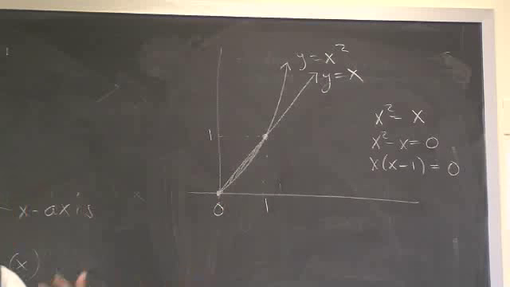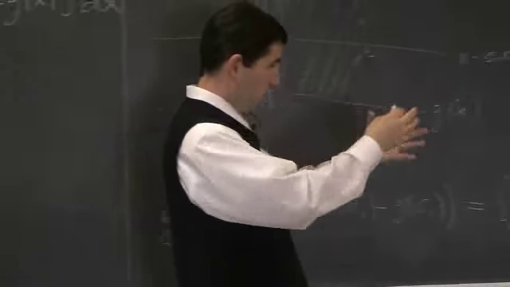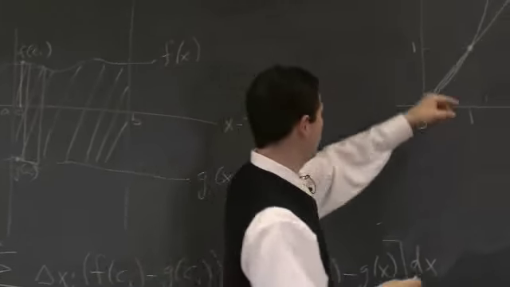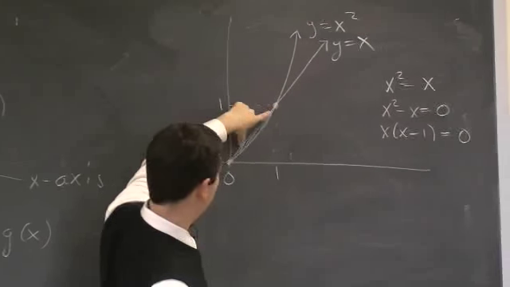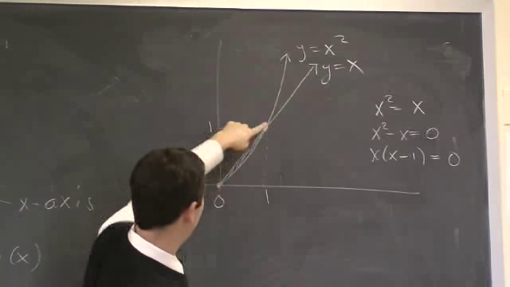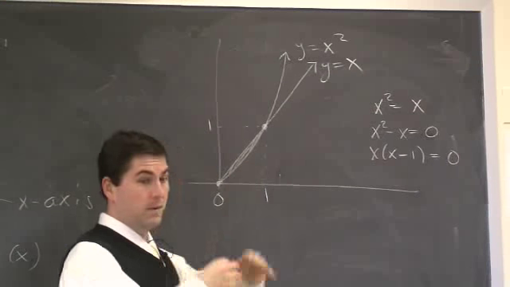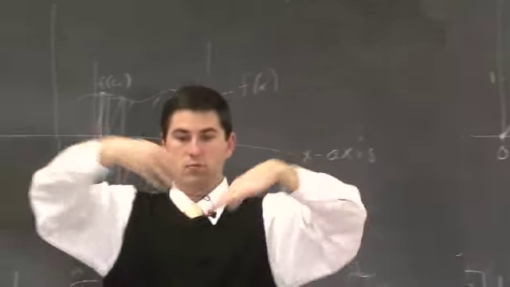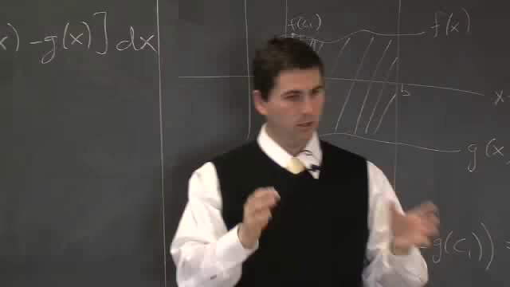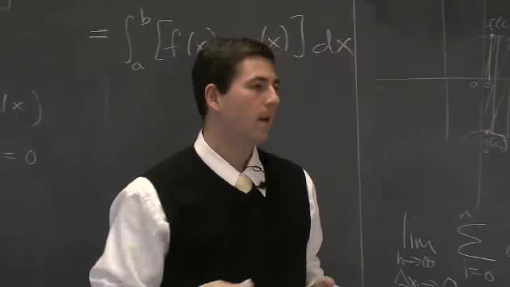So you're always going to have to play this sort of game. When you want to find the area between two curves, the first thing you need to know is what part of the curves you are talking about. You have to find the regions that they're bounding. And there could be more than one. Curves could do weird stuff. So somebody has to tell you what part you want.